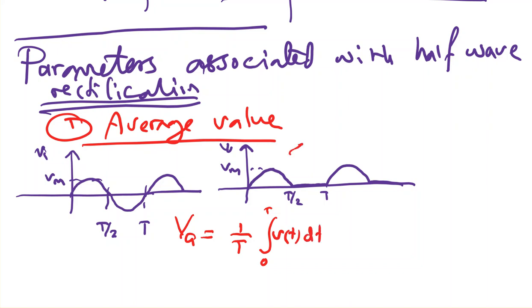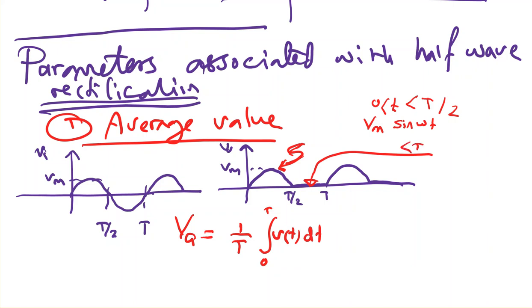Now in your case here, you can represent this, from time equals 0 to less than T over 2, as Vm sine omega t. And it will be 0 for T greater than T over 2 and less than T. So all you need is just to substitute, and that will be straightforward.